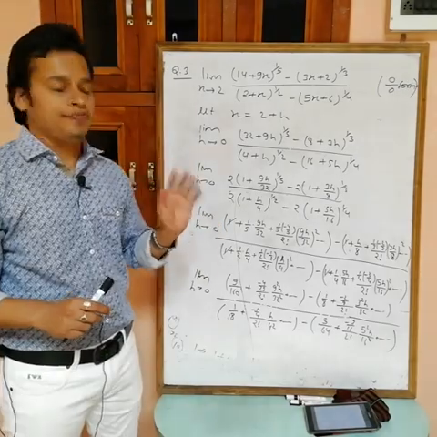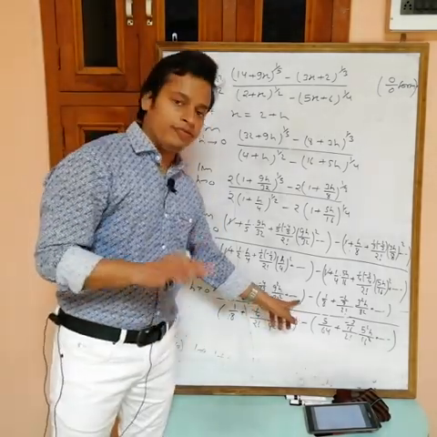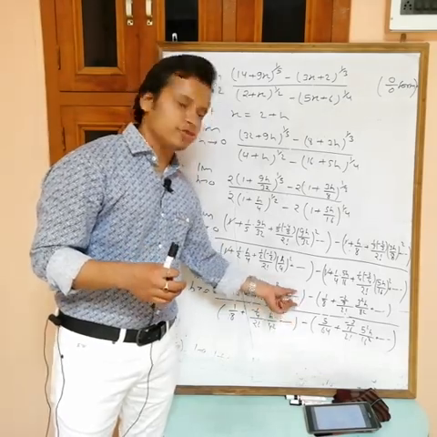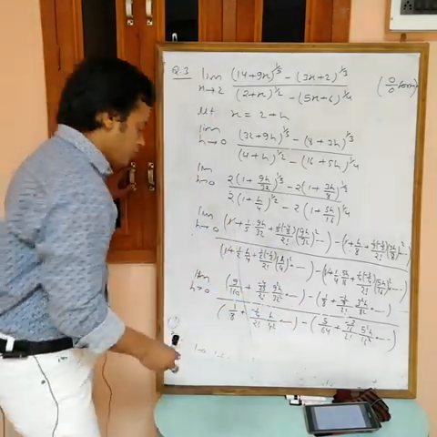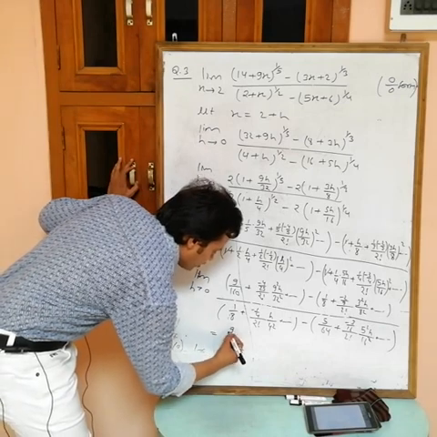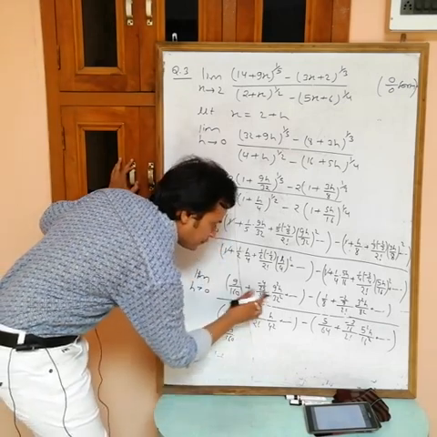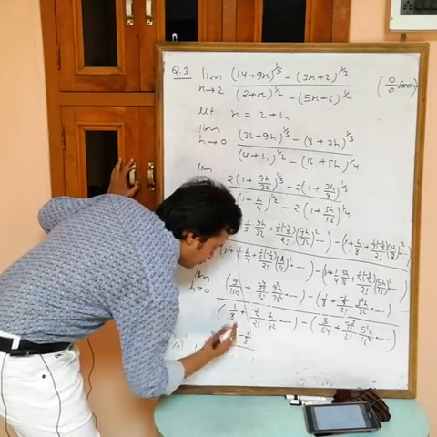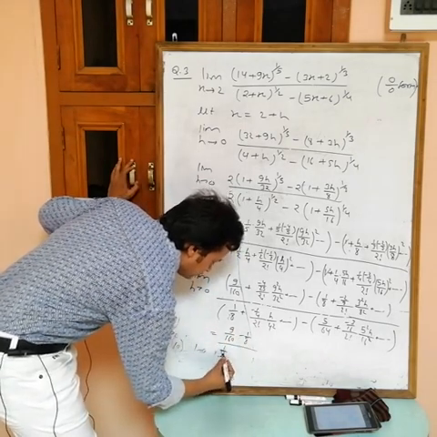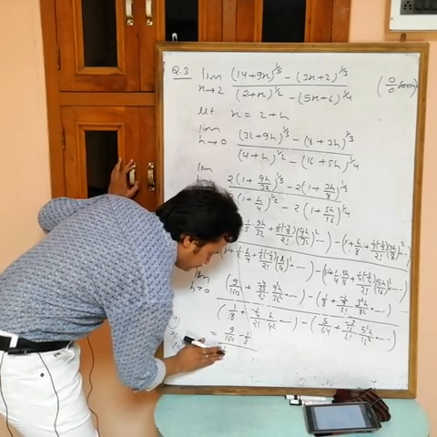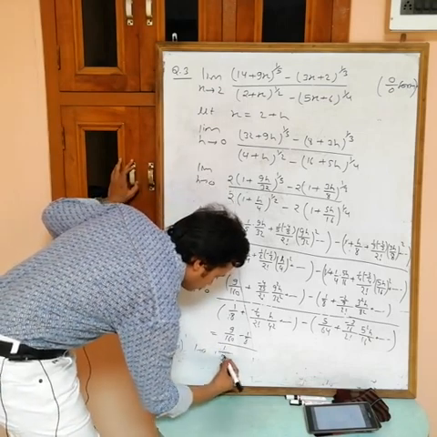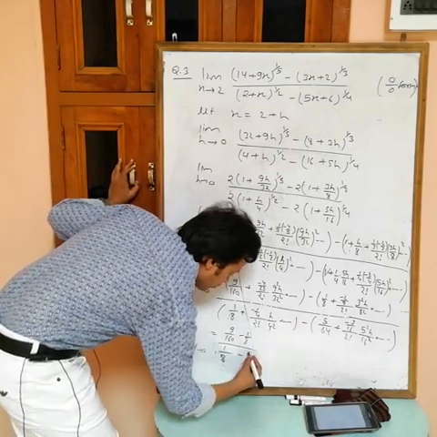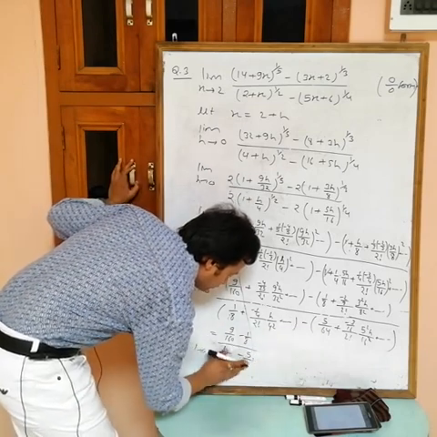Okay, now put h equals to 0. In all remaining terms we have higher power of h. Okay, if you put h equals to 0, these all terms go to 0. So if you put h equals to 0, finally what you will get, 9 by 160, this becomes 0, minus 1 by 8 by 1 by 8, and minus 5 by 64.